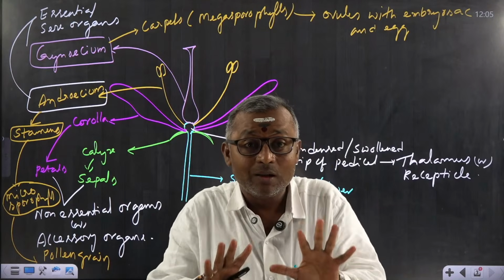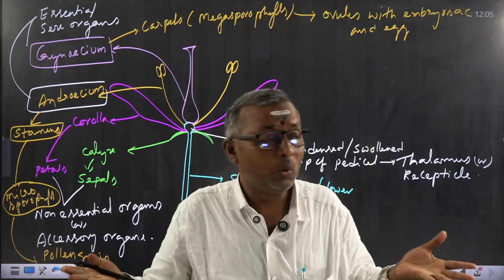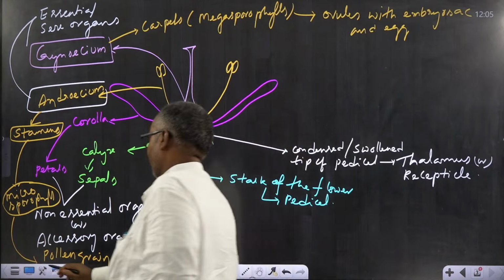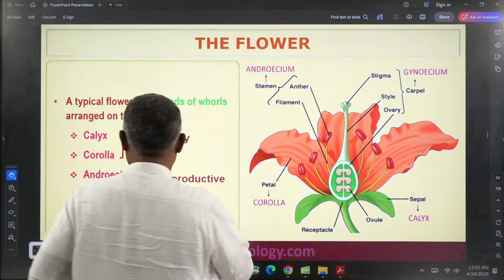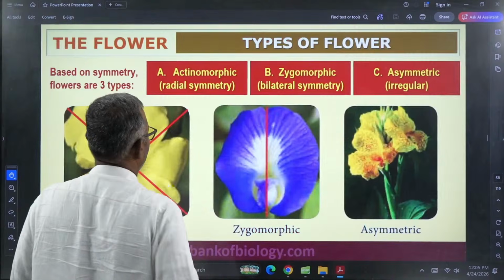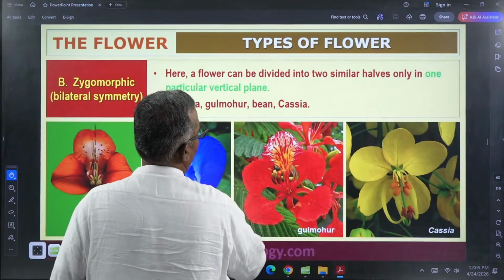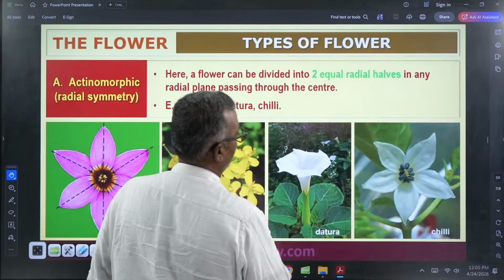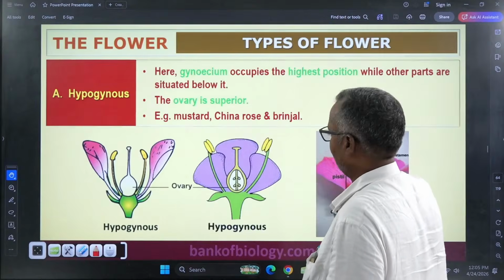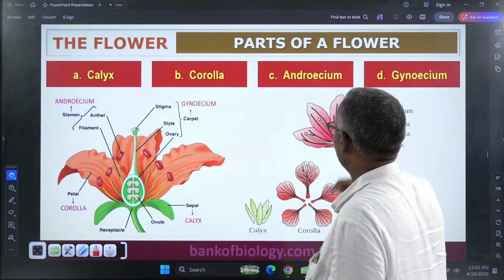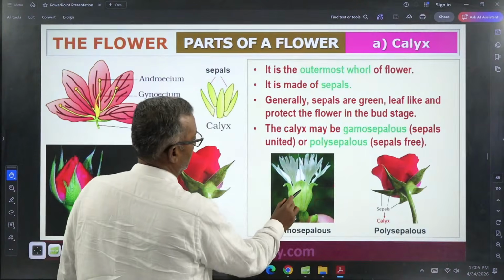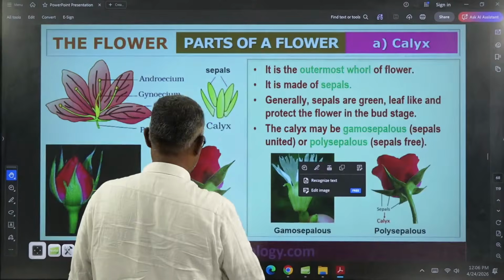Indistinct means you cannot distinguish them into calyx and corolla. Remember, these are all very important things. You cannot find them in normal books. So I will show you the diagram so that it will be very clear about this indistinct corolla. Now look here. Now here the sepals.